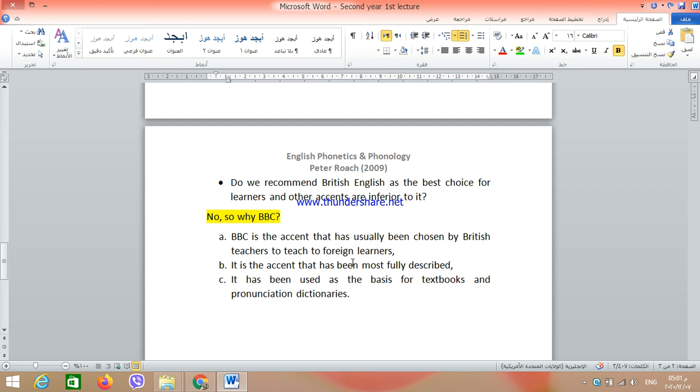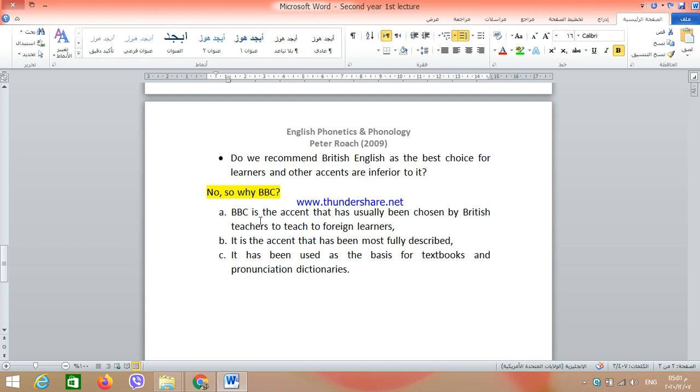No, but it is often adopted for reasons. The first reason is that BBC or RP accent is usually chosen to be taught to foreign learners. That's why most foreign learners in different parts of the world usually target RP as the accent to be learned.